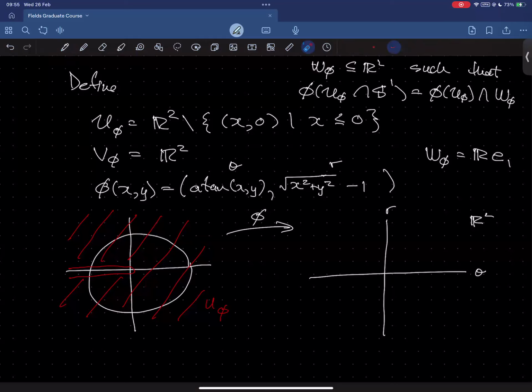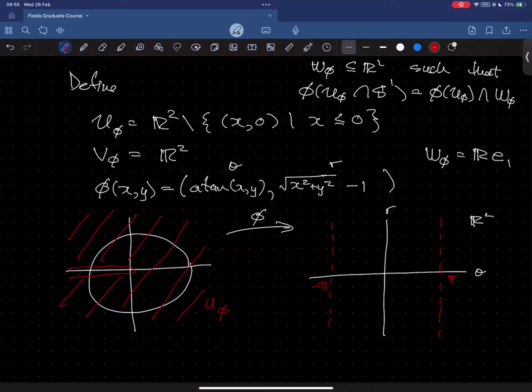Well, it's the strip from minus pi to pi, because the angles take all values between minus pi and pi.